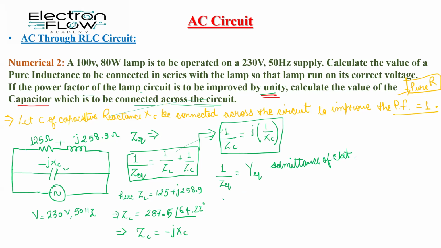So Y equivalent is equal to 1 upon 287.5 at an angle of 64.22 plus j into 1 upon XC.